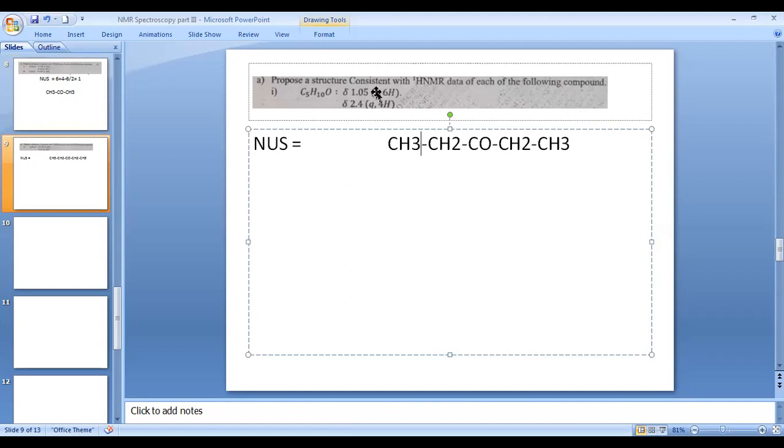Now there is a triplet having six hydrogen atoms. These are six hydrogen atoms of one type only. They are showing a triplet here.